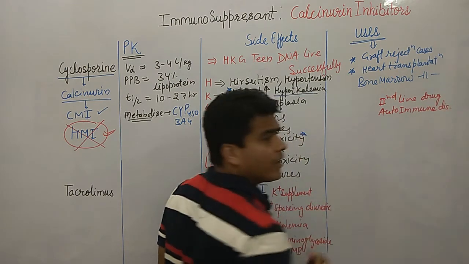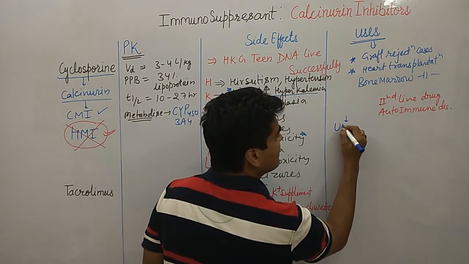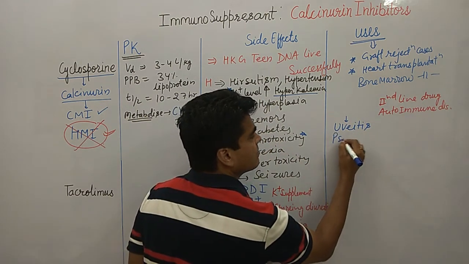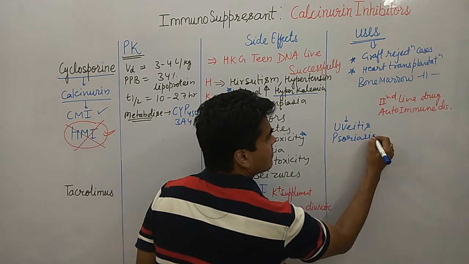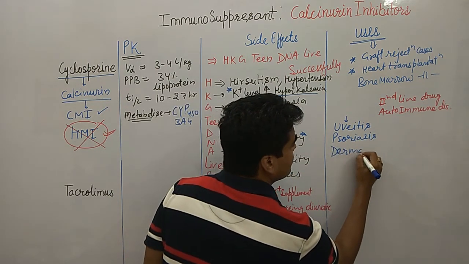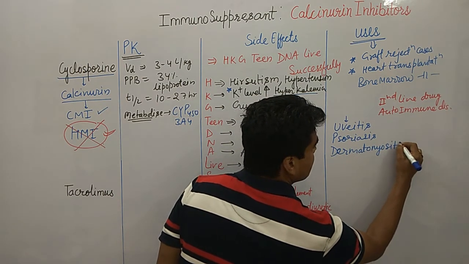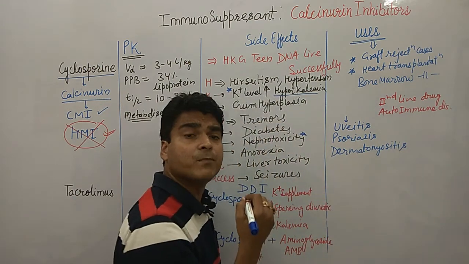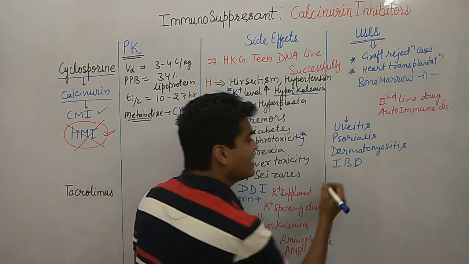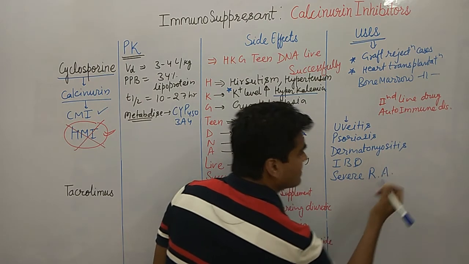So what are the other immune disorders? Uveitis, psoriasis, dermatomyositis, and inflammatory bowel disease, IBD, clear, as well as severe rheumatoid arthritis.